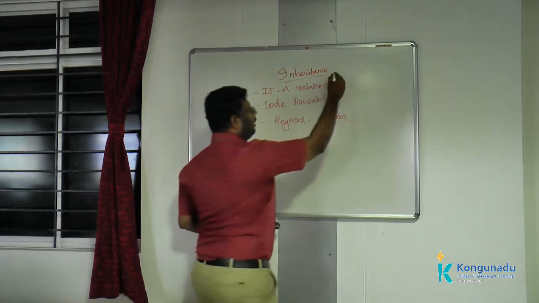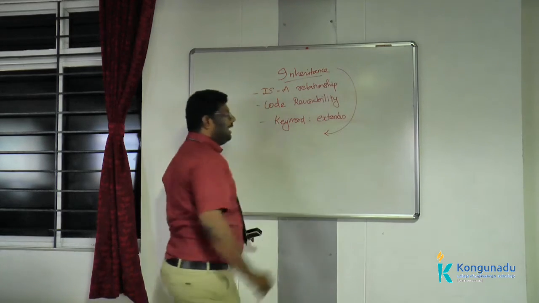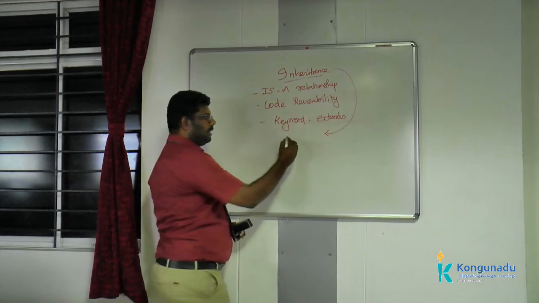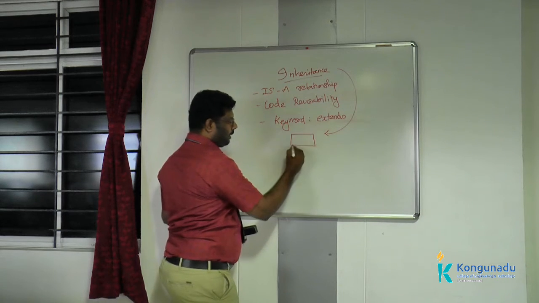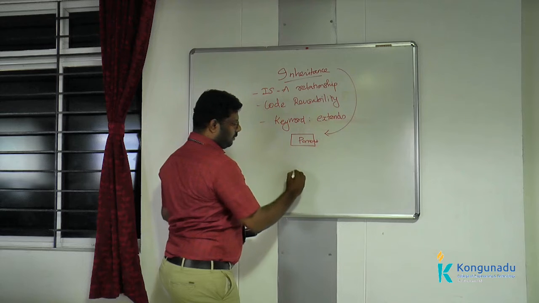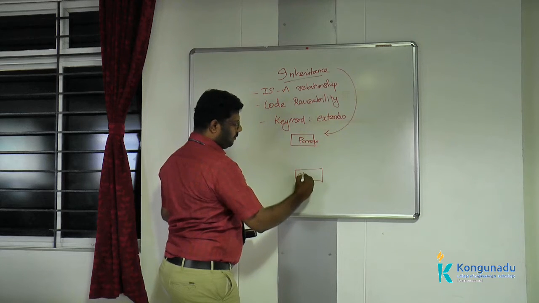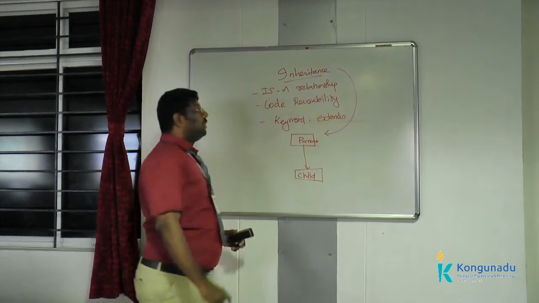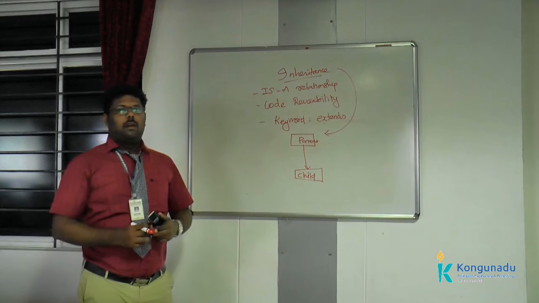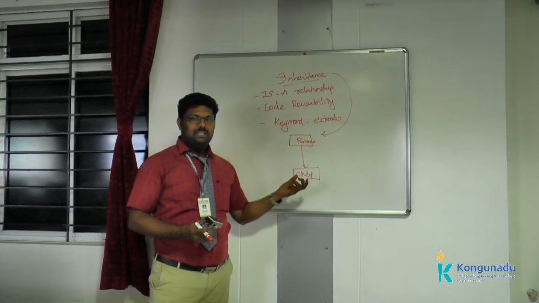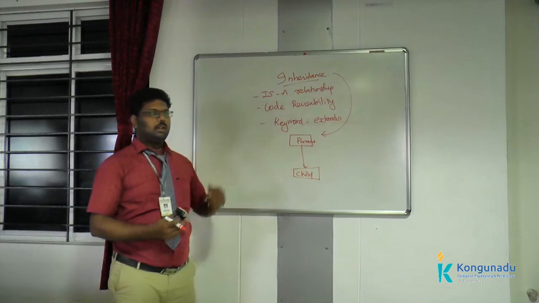So these three factors are very important when you are going to deal with inheritance. Before that, we should have a clear idea about what the meaning of inheritance is. Inheritance performs inheriting some features from an existing class.